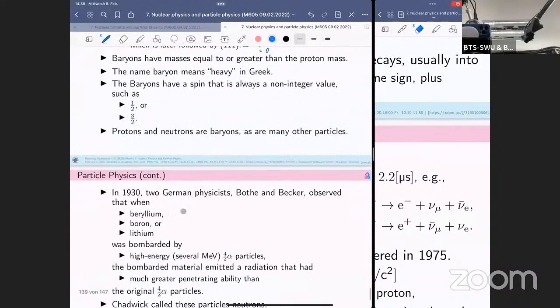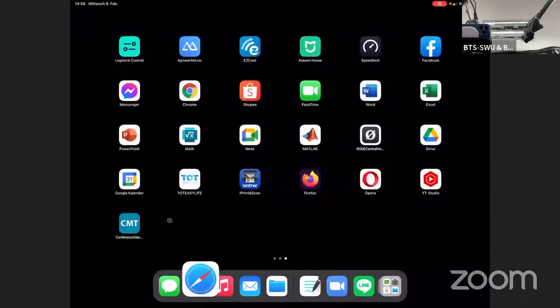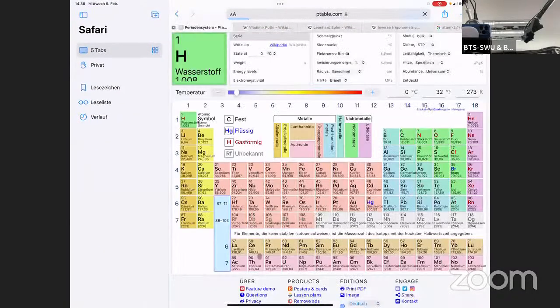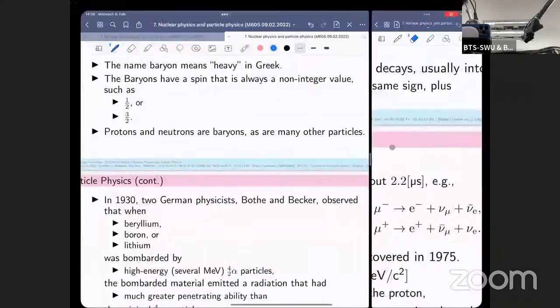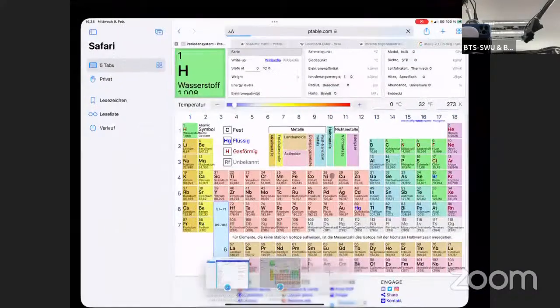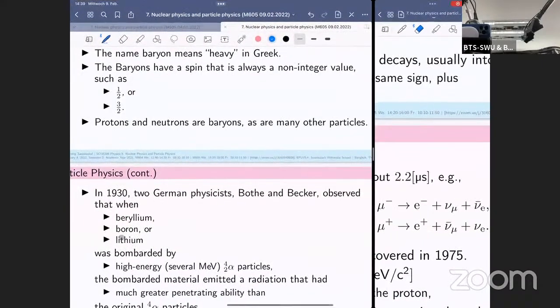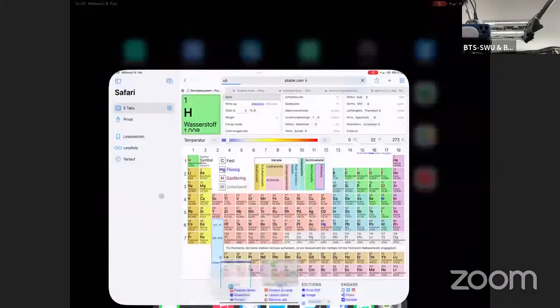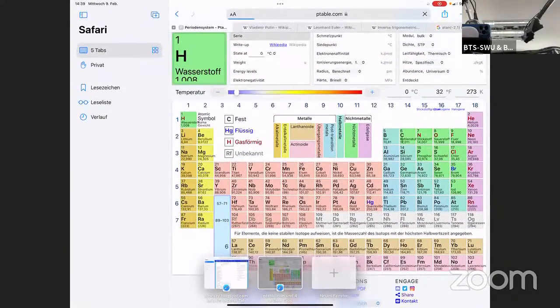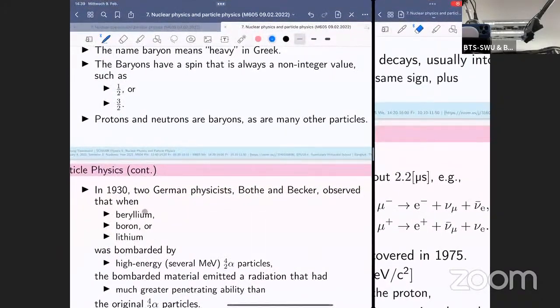In 1930, two German physicists, Bothe and Becker, observed that when beryllium or boron, or lithium, on the periodic table, I can't remember exactly, lithium, beryllium, boron, lithium should come first.